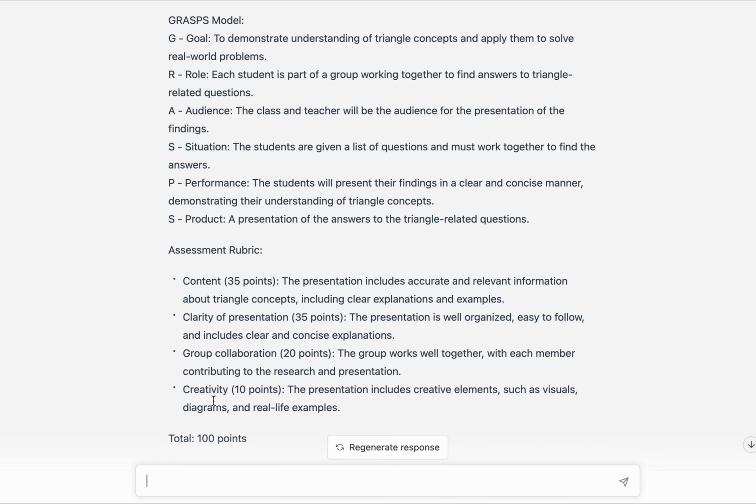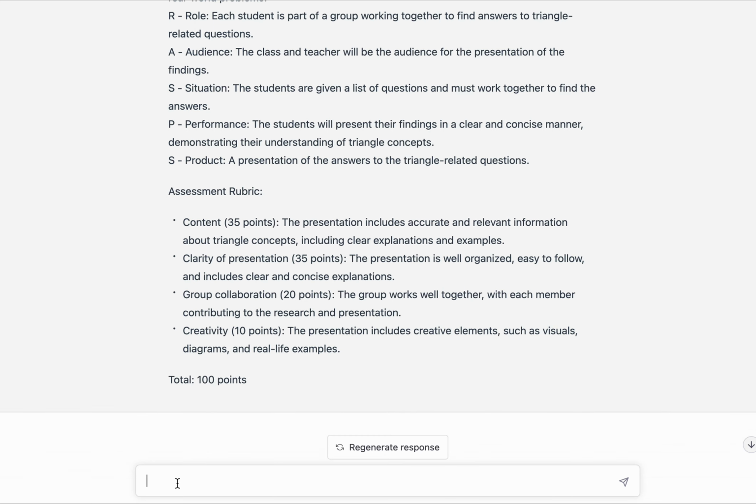I'm going to ask it to modify the task for a real world audience. Let the audience be, let me think of something authentic that would use a triangle.